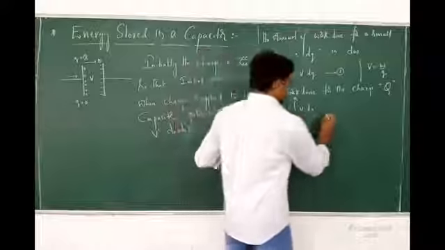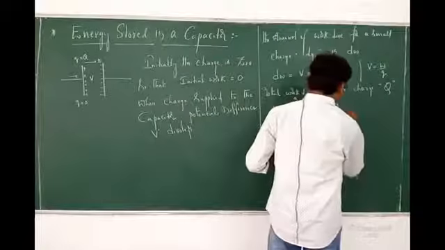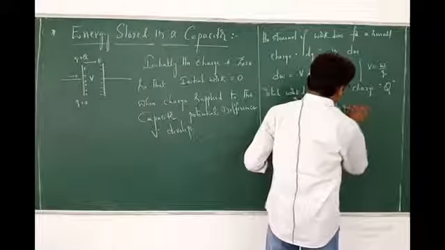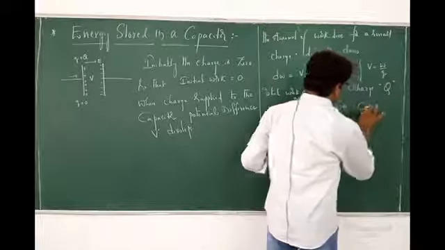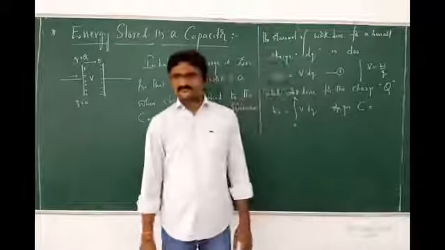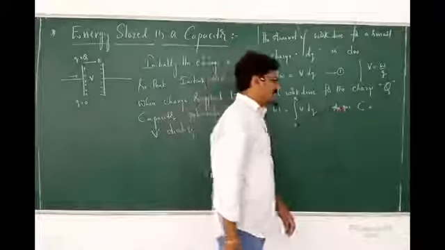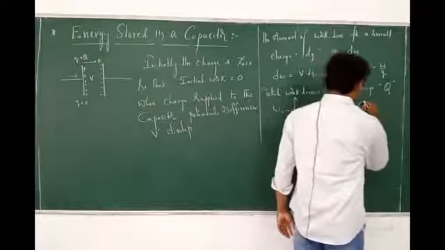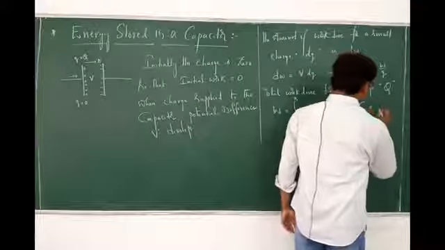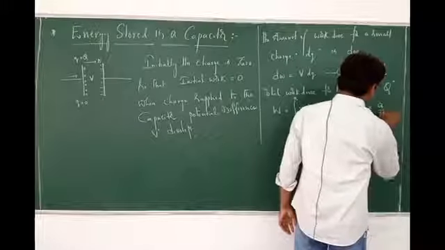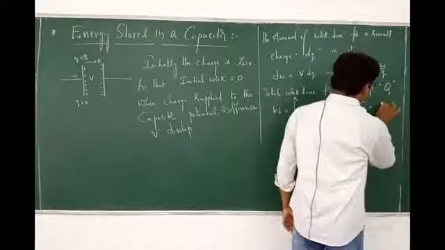As per the definition of capacitance, C is equal to Q by V, where q is a small q.